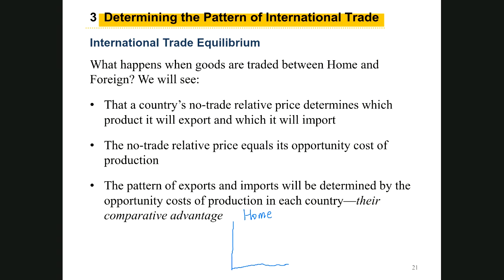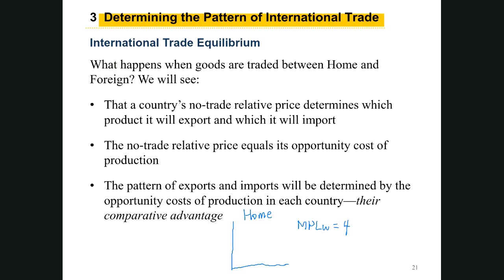We need to know the marginal productivity of labor in both of the goods, right? So for example, in the textbook, the marginal productivity of labor for wheat in the home country is equal to 4. And in plain words, what does it mean? It means one worker in the home country can produce 4 bushels of wheat, right?